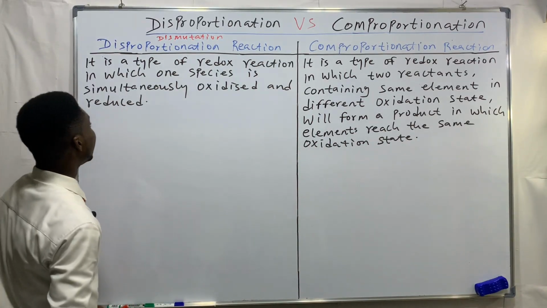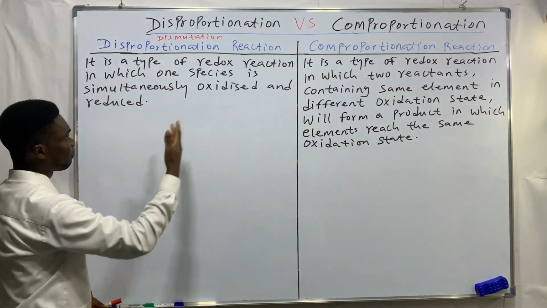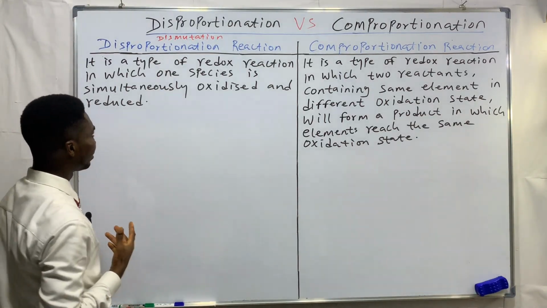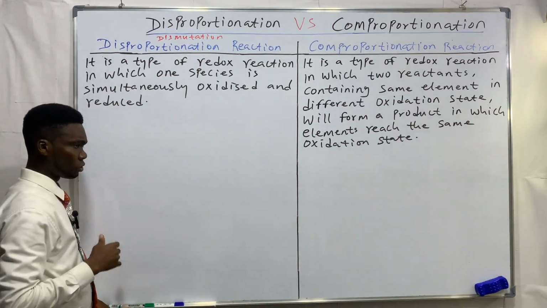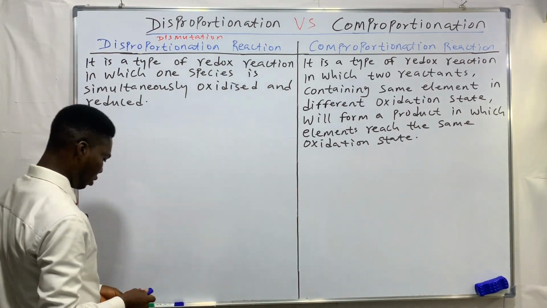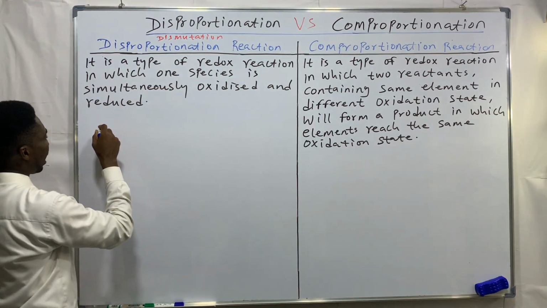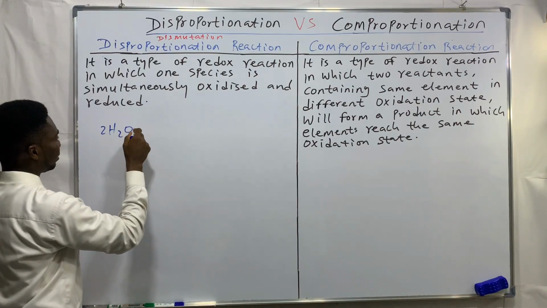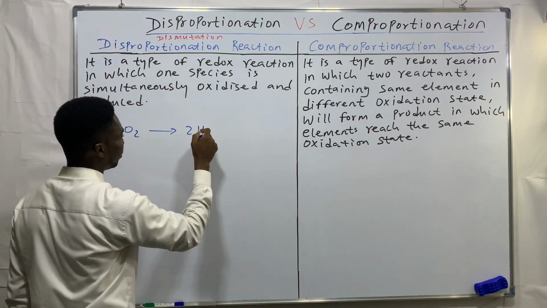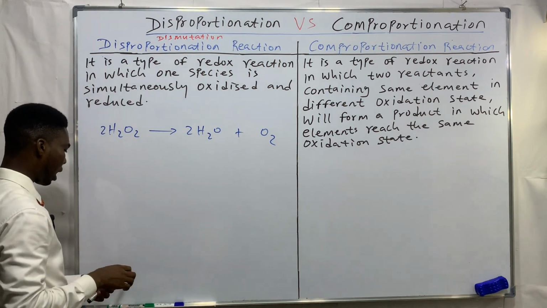Now, disproportionation. To understand what disproportionation is all about, we need to put forward a chemical equation. So here we have hydrogen peroxide. This is the equation we have.